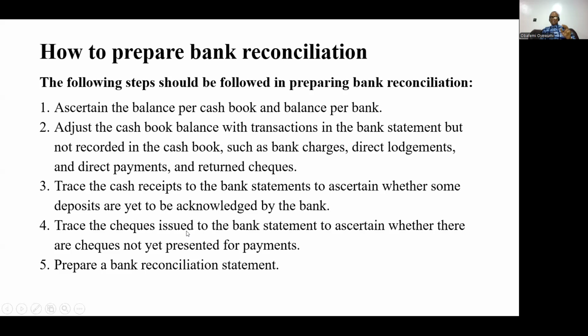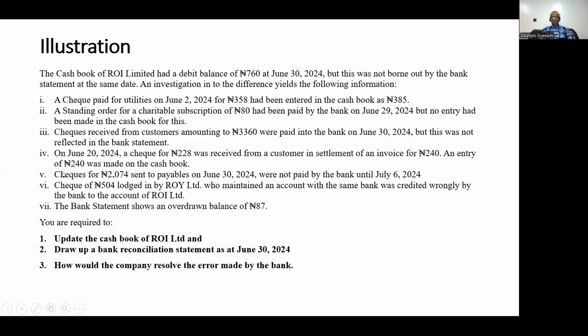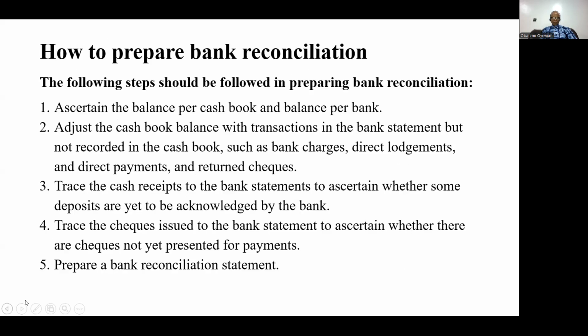Then number four, trace the checks issued to the bank. Let me go back. Number four, trace the checks issued to the bank to ascertain whether there are checks not yet presented for payment. This is not to the bank statement, but rather to the bank.